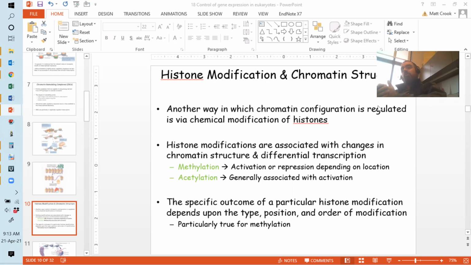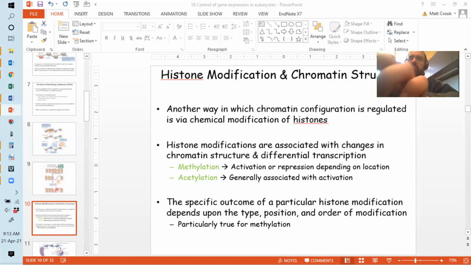What charge do you think histones, particularly their tails, must have for them to be attracted to DNA? Think about what charge DNA has. All right, so histones have to be positive because DNA is negative, right?